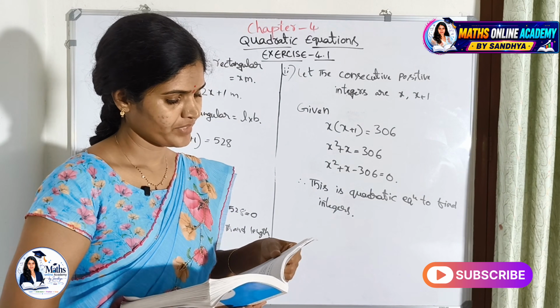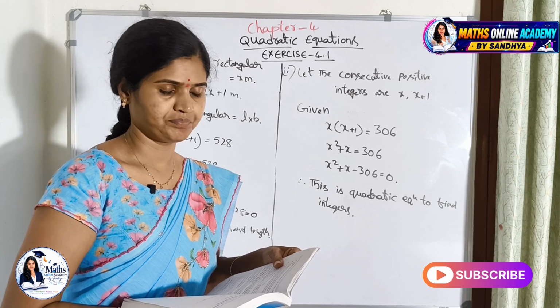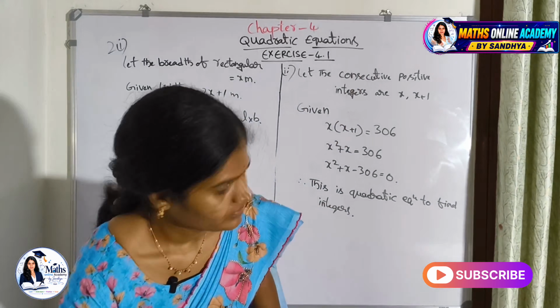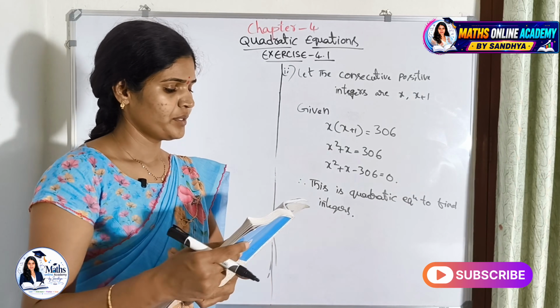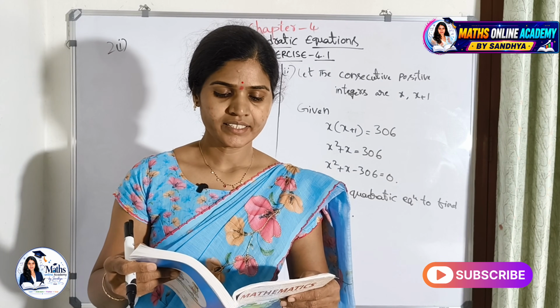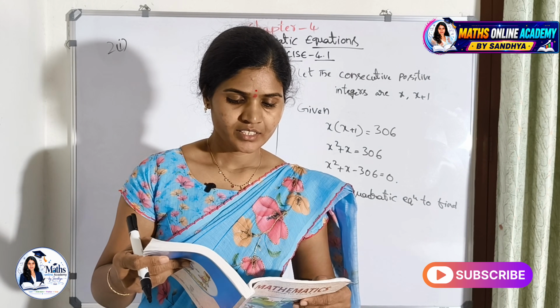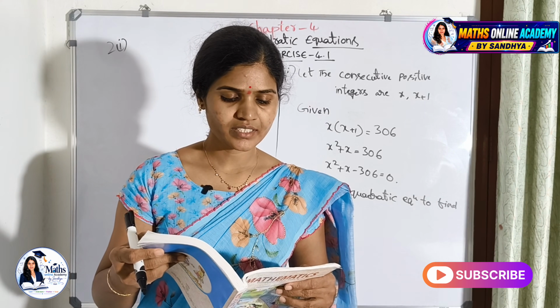Next one is: Rohan's mother is 20 years older than him. The product of their ages 3 years from now will be 360.